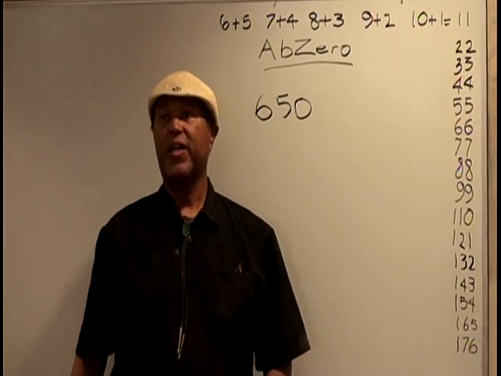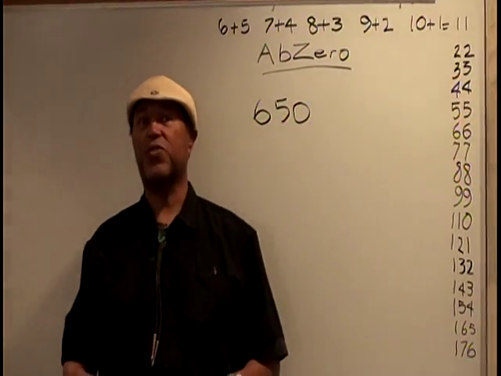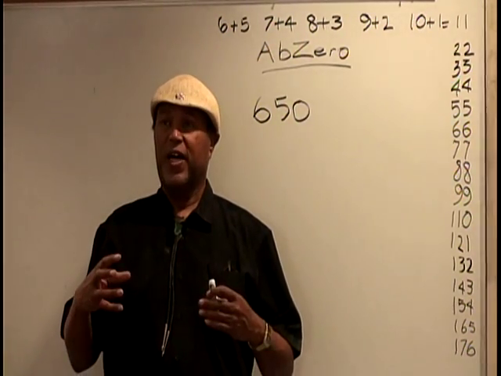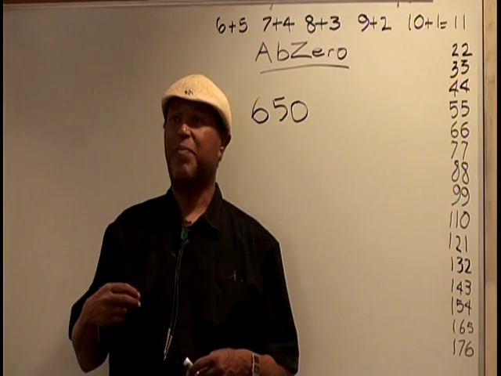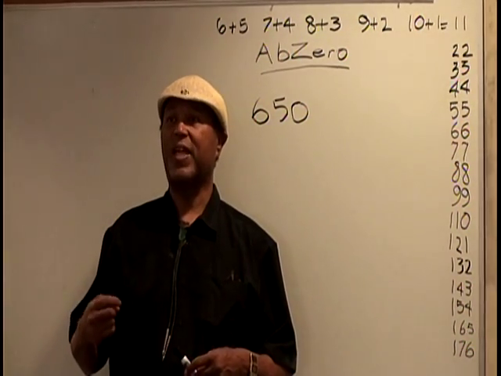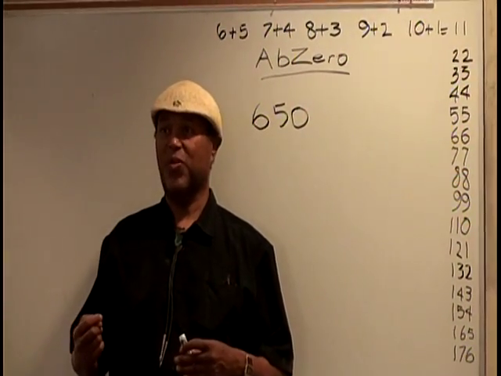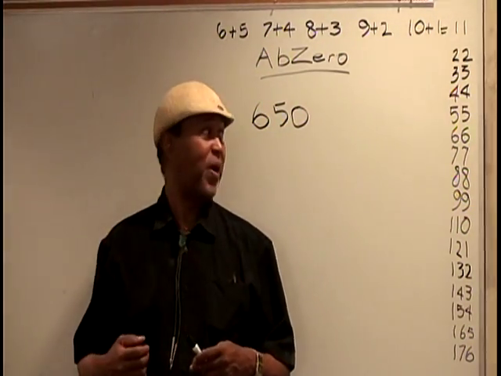You can always check yourself, because whatever number you come up with, if you divide it by 11, you will end up with a whole number with no remainder whatsoever.